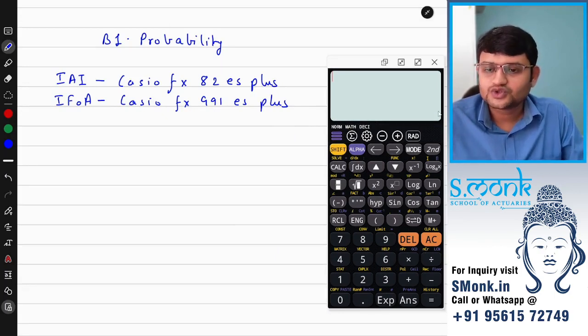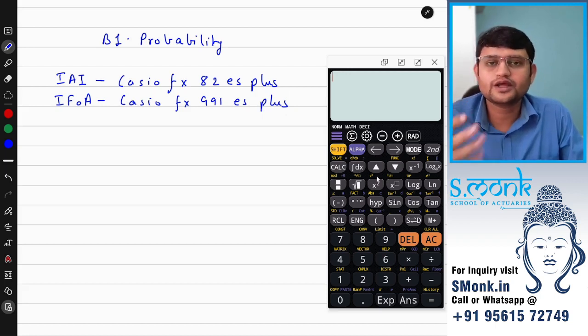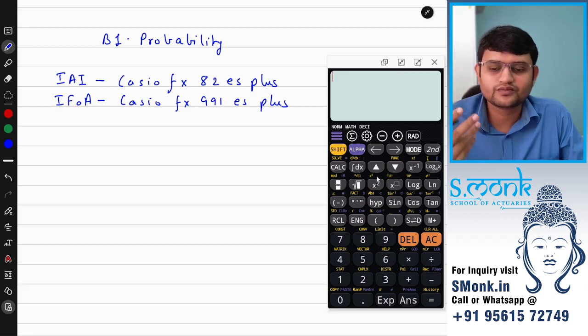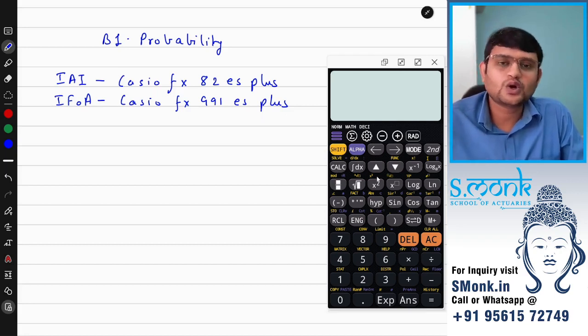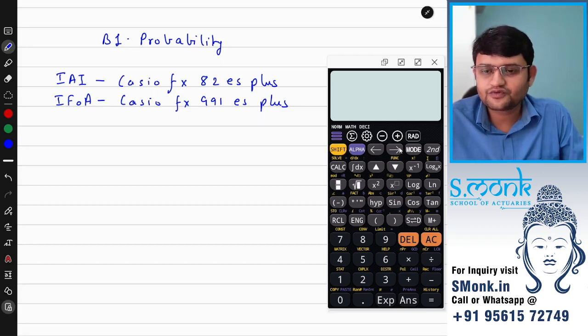Okay. So I am using an app. I don't remember the name of the app, but in Android or iOS, you can just search your app store for scientific calculator and you'll get a lot of options. You should choose only the option which has navigation keys in between. So you can see these 4 arrows, right, left and up and down. Any calculator with these 4 arrows would be fine.